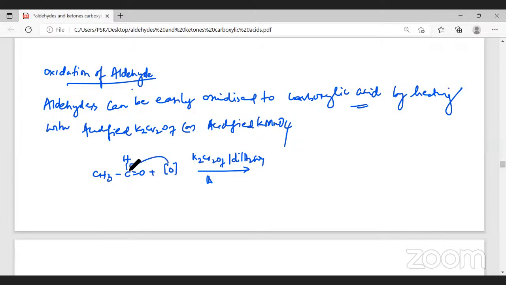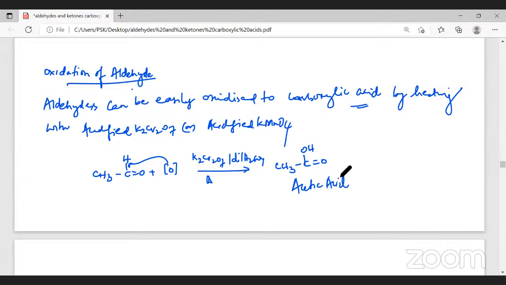This oxidizing agent attacks the carbon. So we get CH3, C double bond O. This O remains as such. The mechanism is different, the bond breaks here. I'm not showing the mechanism. So in place of H, oxygen and hydrogen get bonded. So CH3COOH. This is nothing but a carboxylic acid. The name of the acid is acetic acid.